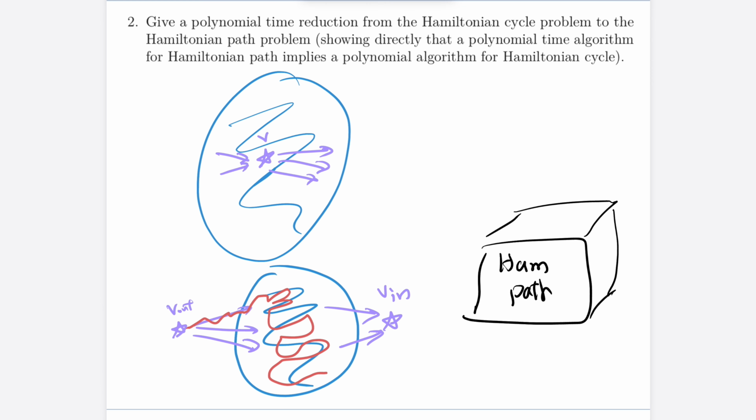That should correspond to a Hamiltonian path where, to be consistent, it'll look something like this. So if you find some Hamiltonian path in this graph where you split up that vertex, then you should be able to glue it back together in the original graph.